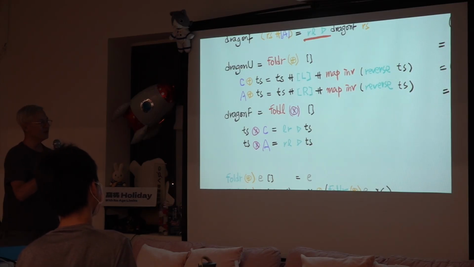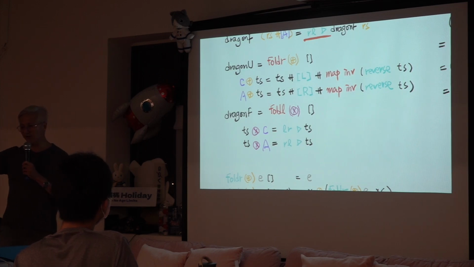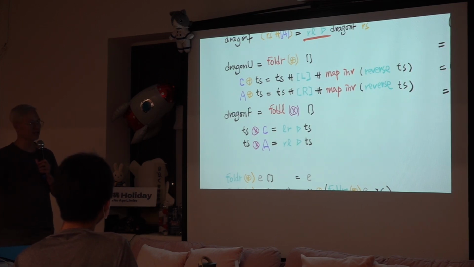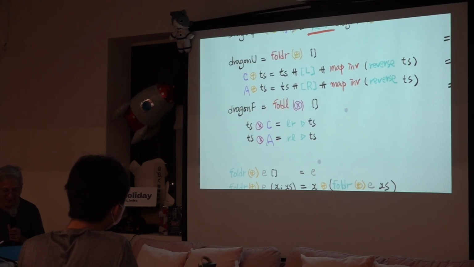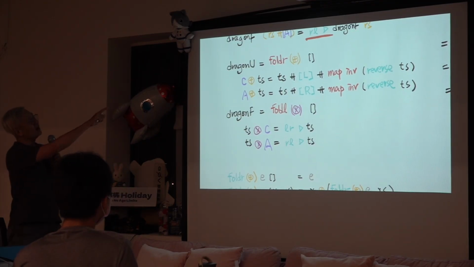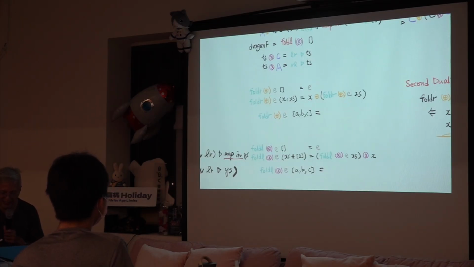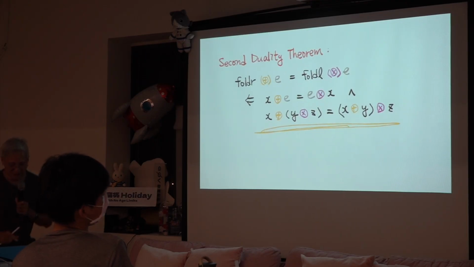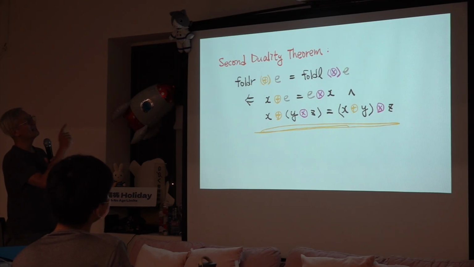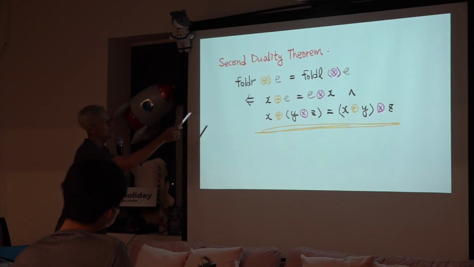To prove that they are the same, I recall there's an old theorem from an old textbook giving a condition for when a fold R is equal to a fold arrow. The argument of fold R is the yellow one, and the argument of fold arrow is the purple one. By the second duality theorem, fold R equals fold left if this property holds.